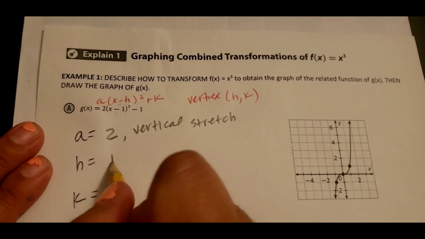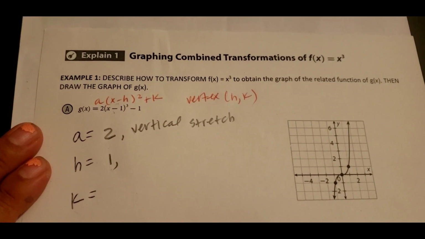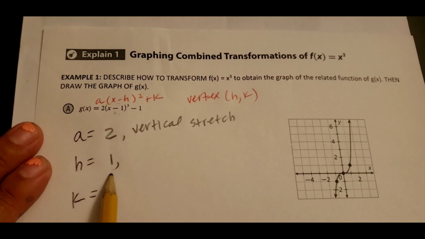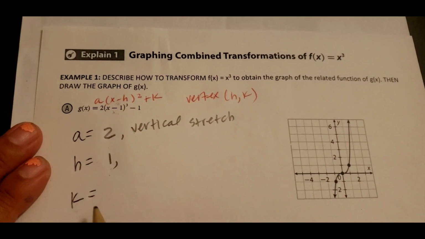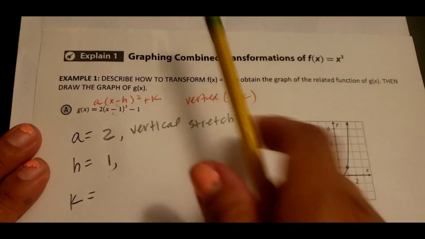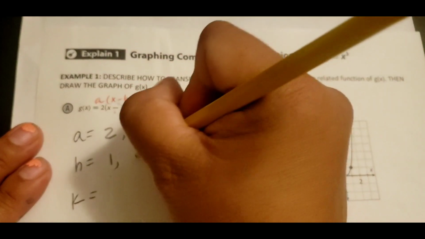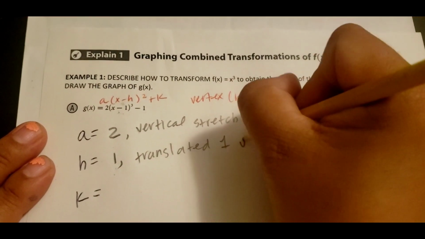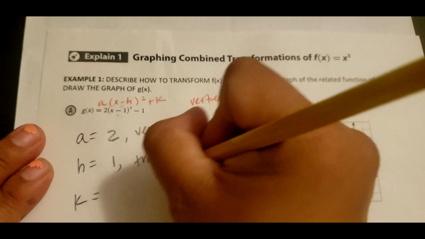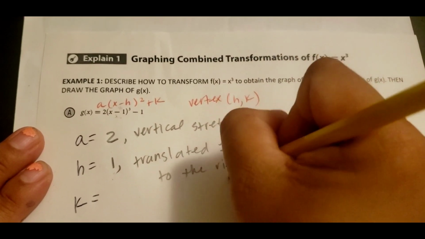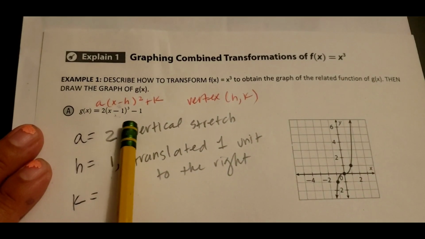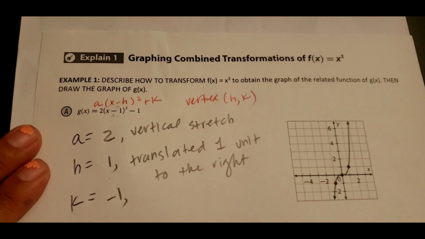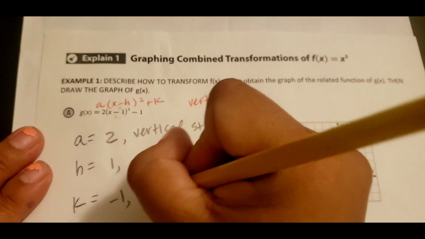That means h is 1. If you recall in the previous, I kind of gave you a hint, whatever h is here, just give me the opposite. So here it looks like it's negative 1, just give me 1 because there's already a minus there, okay? That means it's going to translate 1 unit to the right. Okay, and then k is just negative 1. That means it translates 1 unit down.